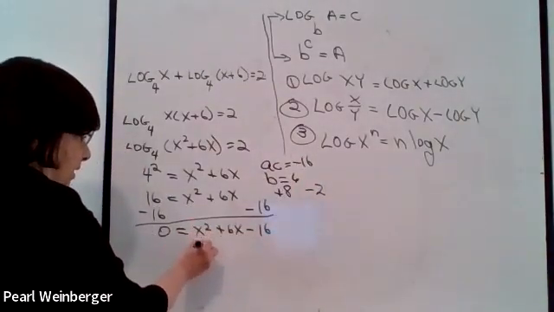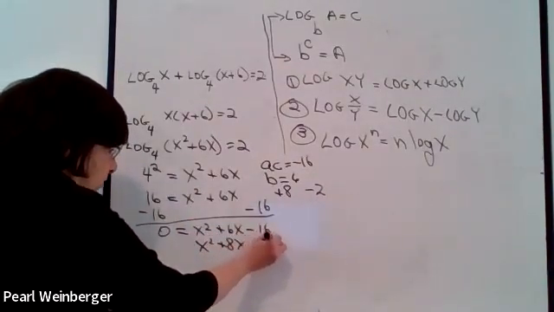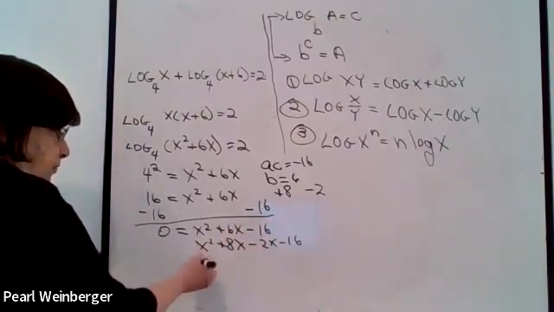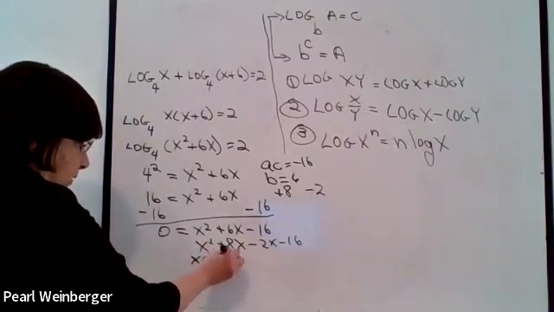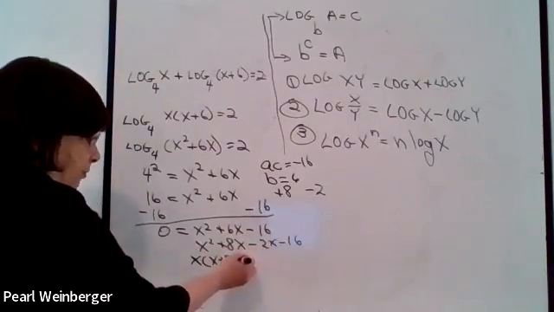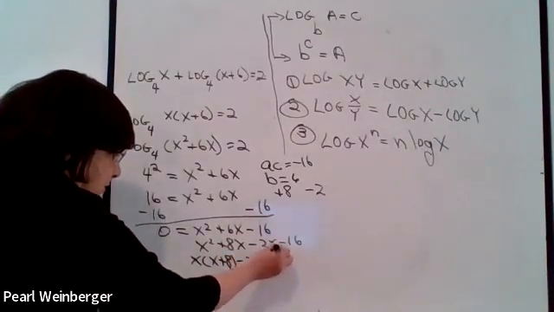So here we have x squared plus 8x minus 2x minus 16. And taking our first group, we have a common factor of x. So this becomes x times x plus 8. And the second group, I have a common factor of negative 2. So that becomes negative 2 times x plus 8.